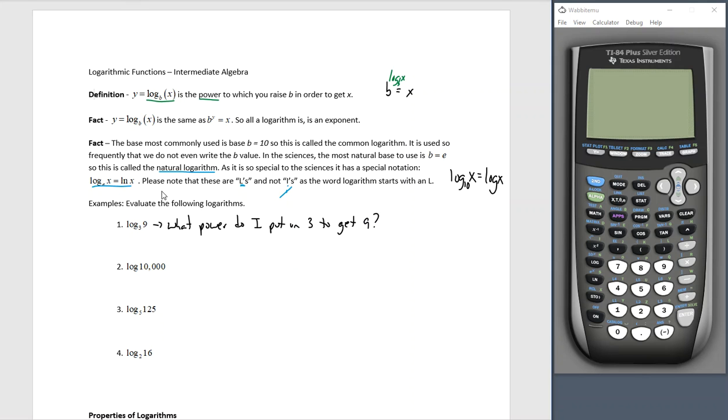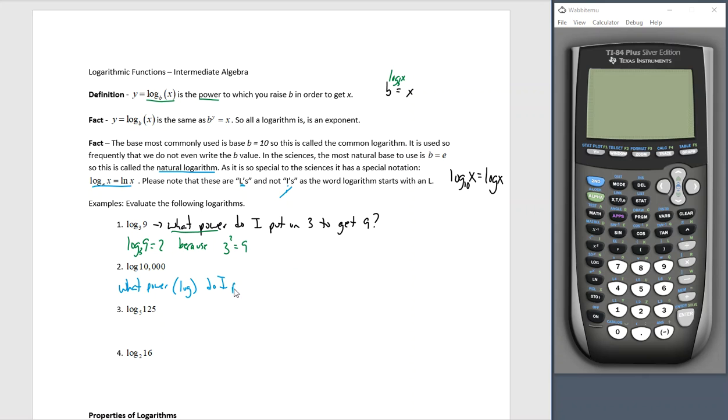And of course, we know that that answer is 2, because 3 squared equals 9. So all I'm looking for is, the log is the same as the power. It's just an exponent. All right, so what power, that's what the log says.